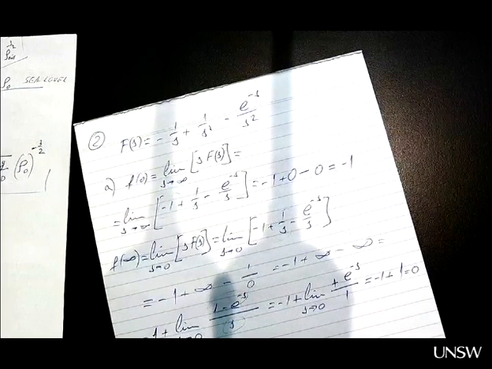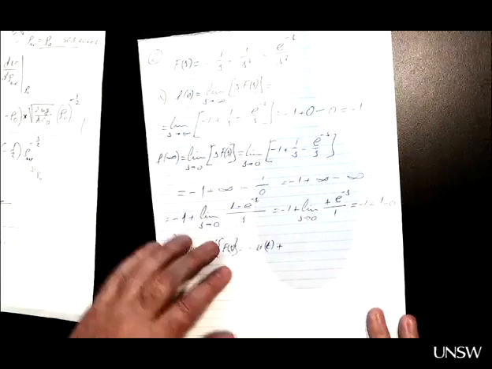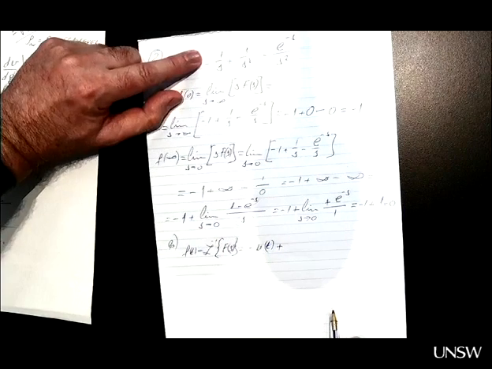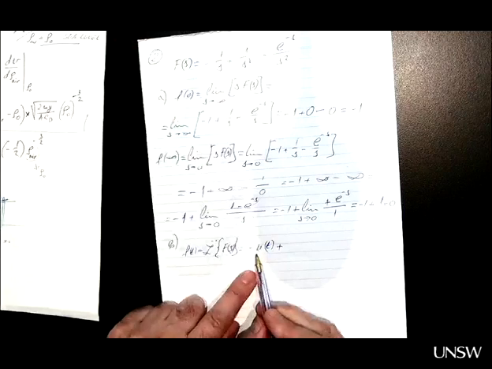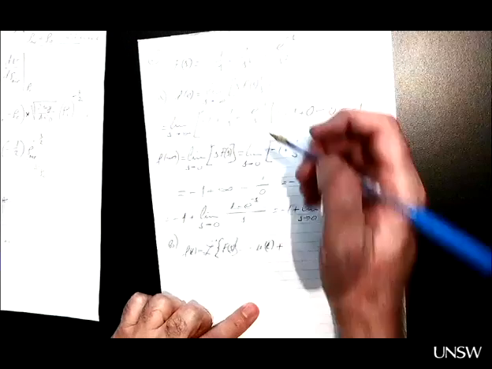Plus, you can't see the top of the page. Okay. So Laplace of minus 1 over s is minus u of t. Plus 1 over s squared is a ramp function, so it's plus t.